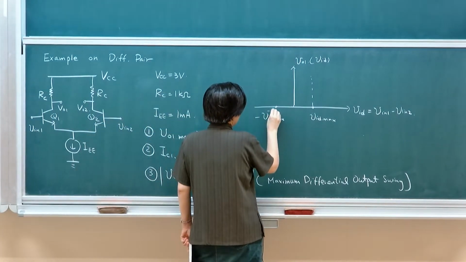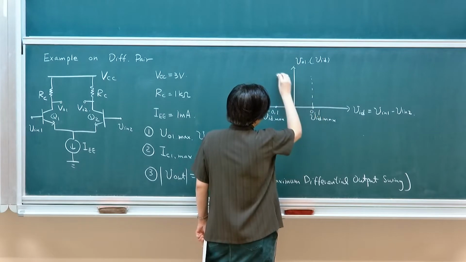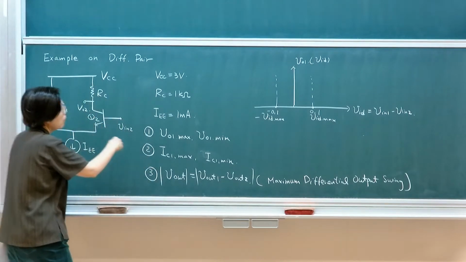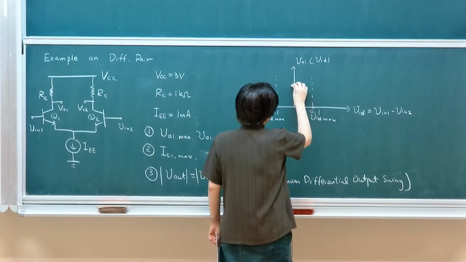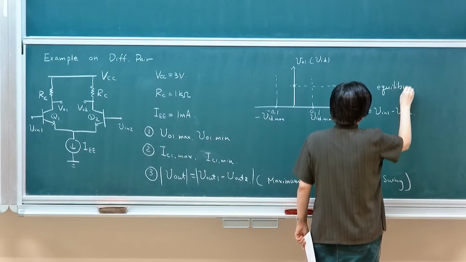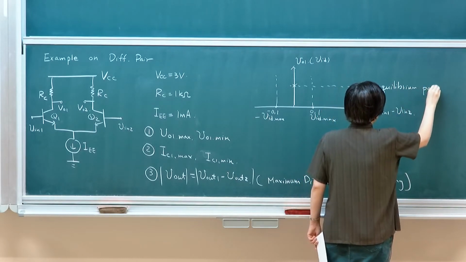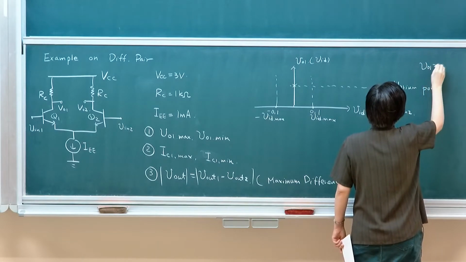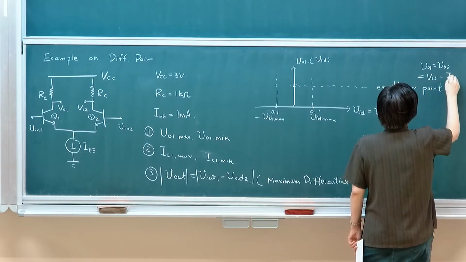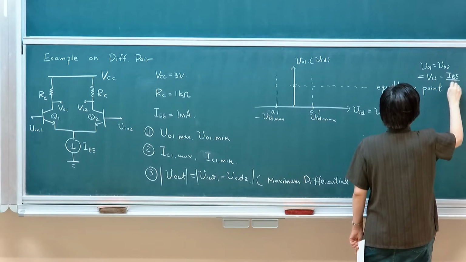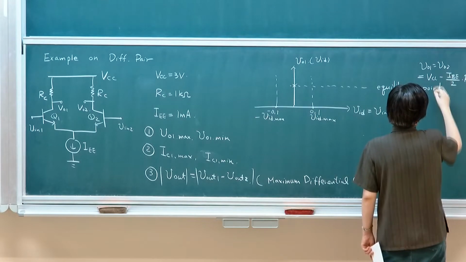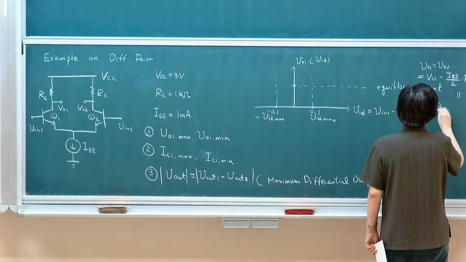So this is minus 0.1, and this is about 0.1. You start with the balance point, the equilibrium point, where VO1 equals VO2 equals VCC minus half of IEE times RC. You should be able to find this: this is 3 minus 0.5.